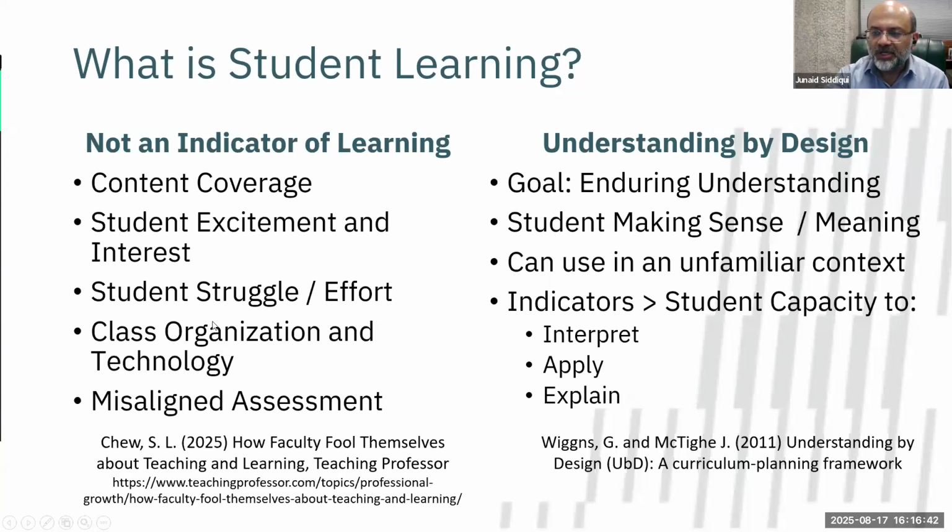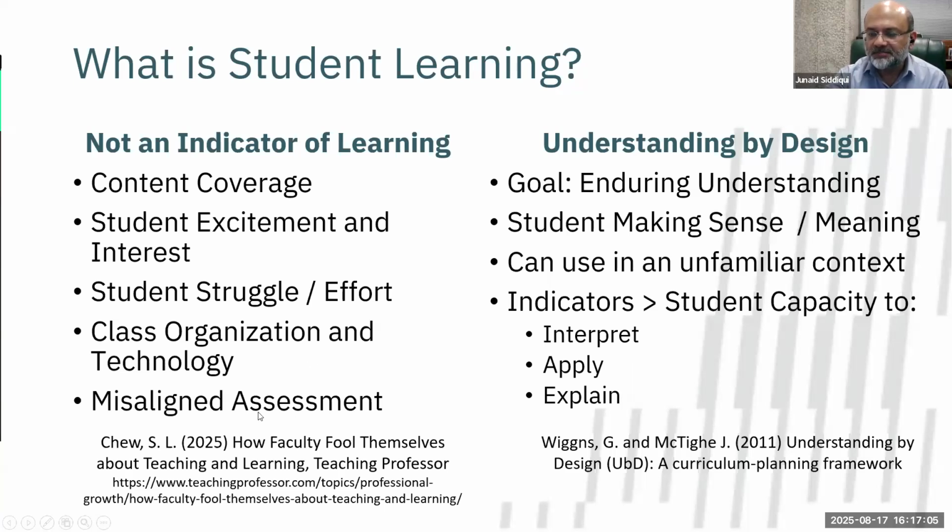If the students are putting hard effort into learning, you will still be surprised that after some time, if you ask students to demonstrate their ability to do something, they are not able to. Similarly, classroom organization, technology, we need to do all of these, but they do not necessarily translate into learning.